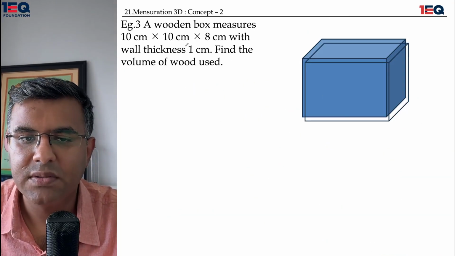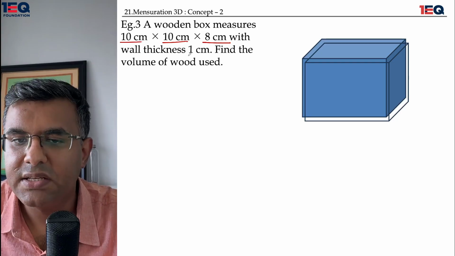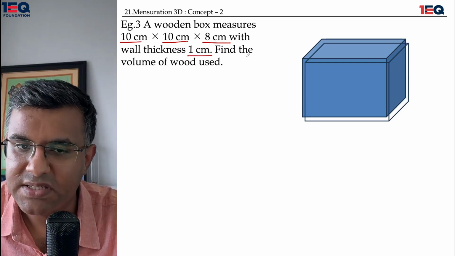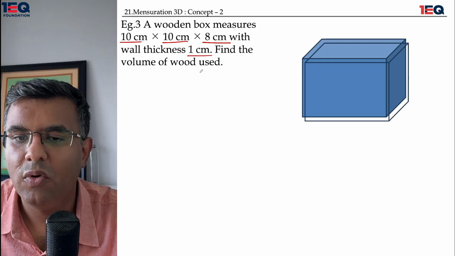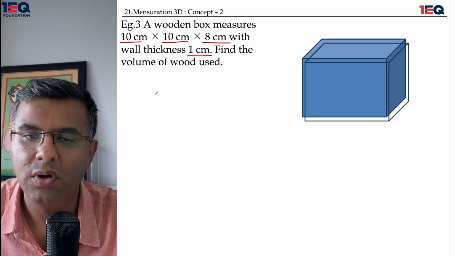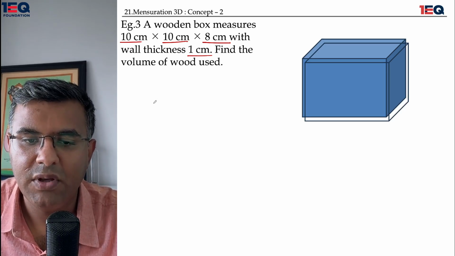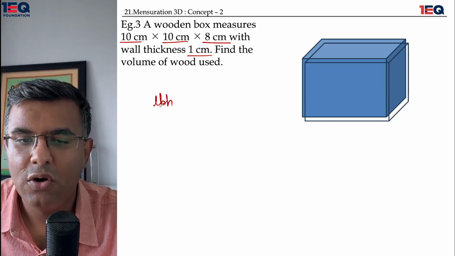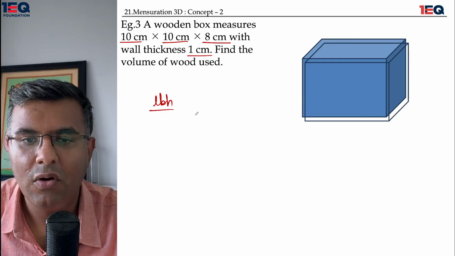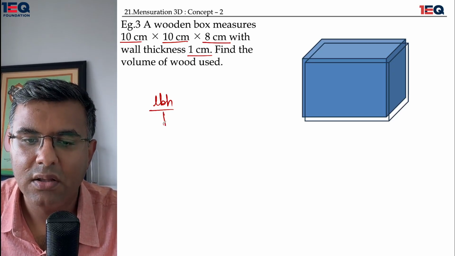A wooden box measuring 10 by 10 by 8 with wall thickness 1 centimeter is present. Find the volume of the wood used. Firstly, I will be using the formula LBH to find the volume of the solid wooden box, considering that it is not hollow.